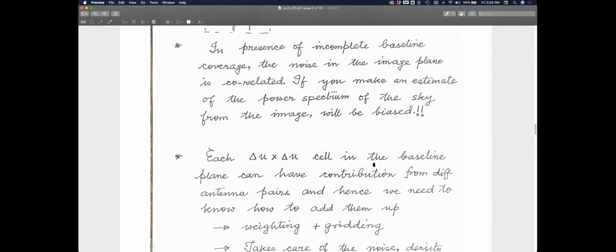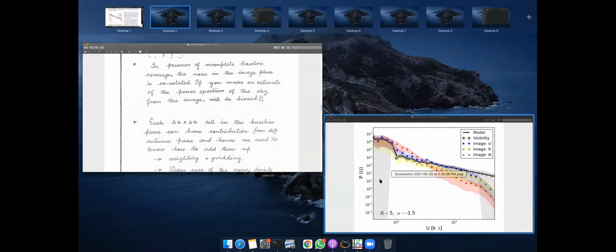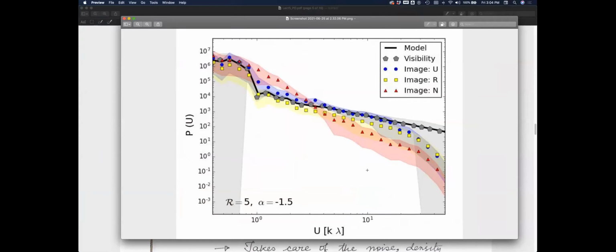So it completely changed the power spectrum. And we worked on it and we demonstrated that it is quite a strong effect. So let me show you this picture, where what we had done is that we have chosen a mock image, and this mock image absolutely has nothing to do with EOR or anything else.